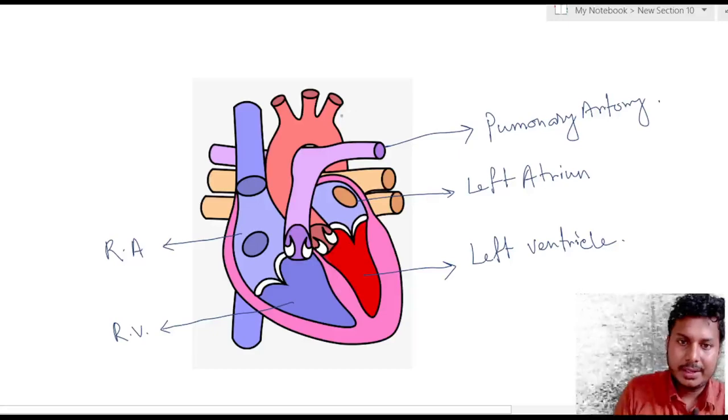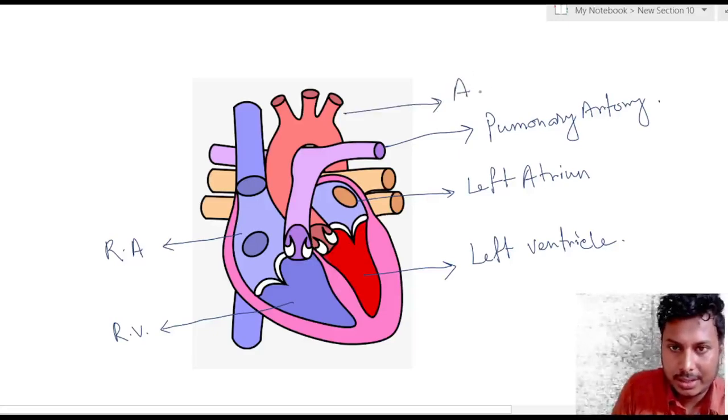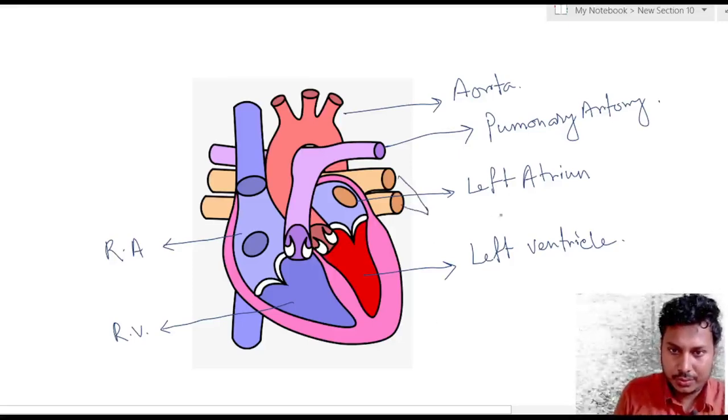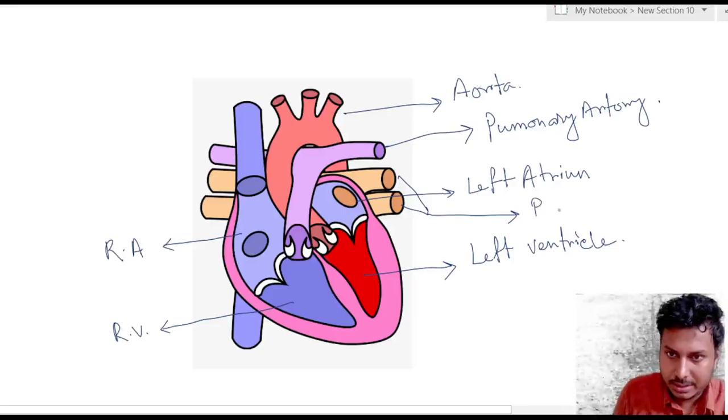And this is the aorta, and these two are the pulmonary vein.